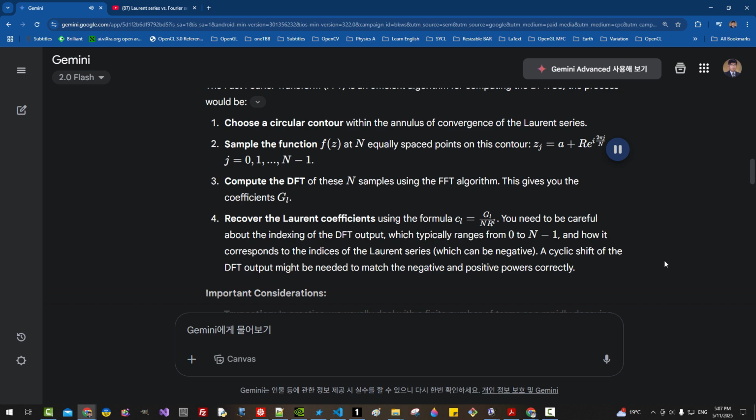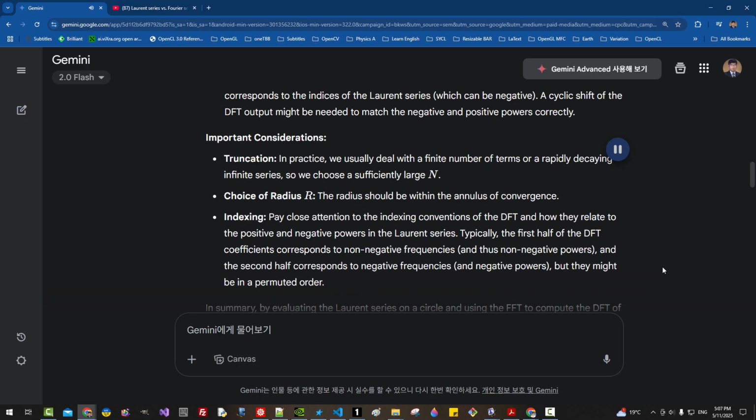You need to be careful about the indexing of the DFT output, which typically ranges from 0 to n−1, and how it corresponds to the indices of the Laurent series, which can be negative. A cyclic shift of the DFT output might be needed to match the negative and positive powers correctly. Important considerations. Truncation: in practice, we usually deal with a finite number of terms or a rapidly decaying infinite series, so we choose a sufficiently large n.